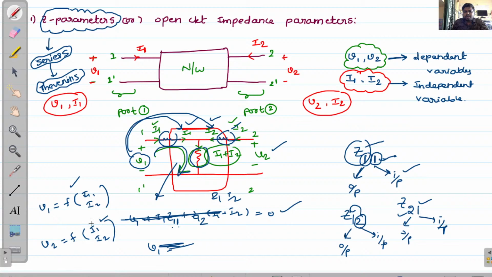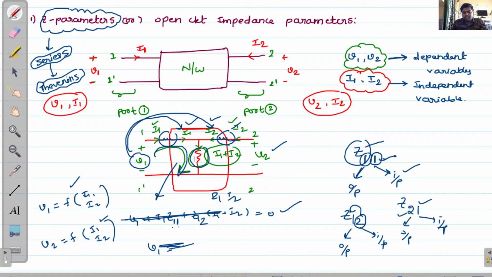You can ignore the impedance values for now. Certain impedances are here, here, and here. But if you take the expression of this particular loop, the V1 variable depends on I1 as well as I2 current, and V2 also depends on the I1 and I2 variables.